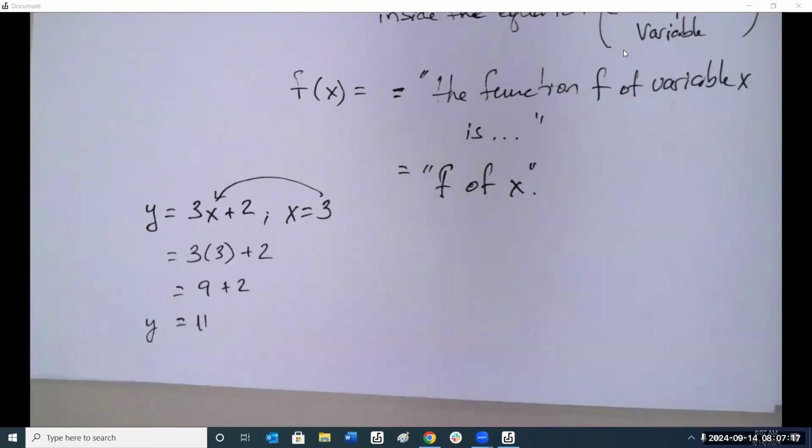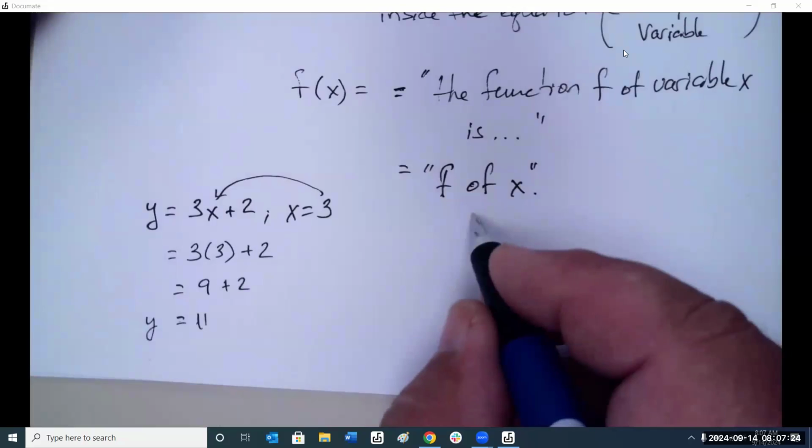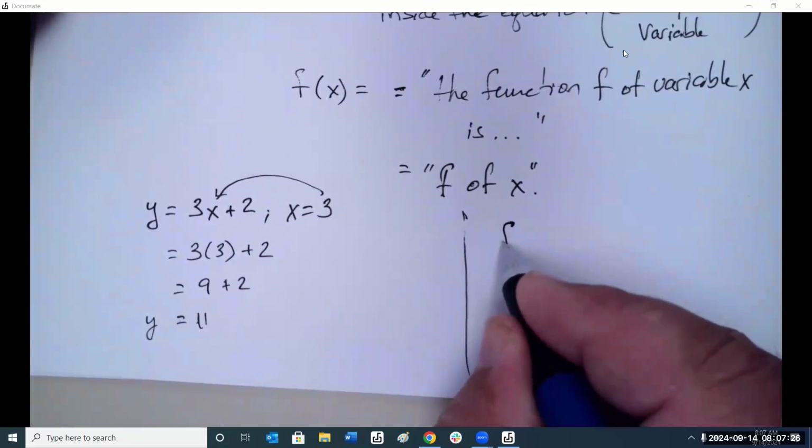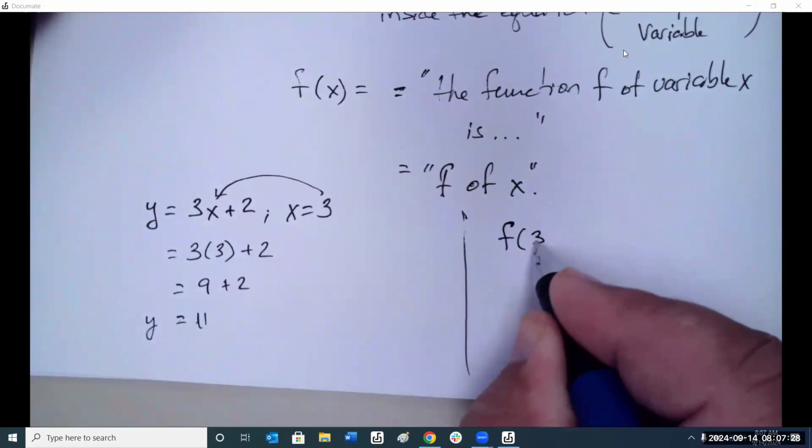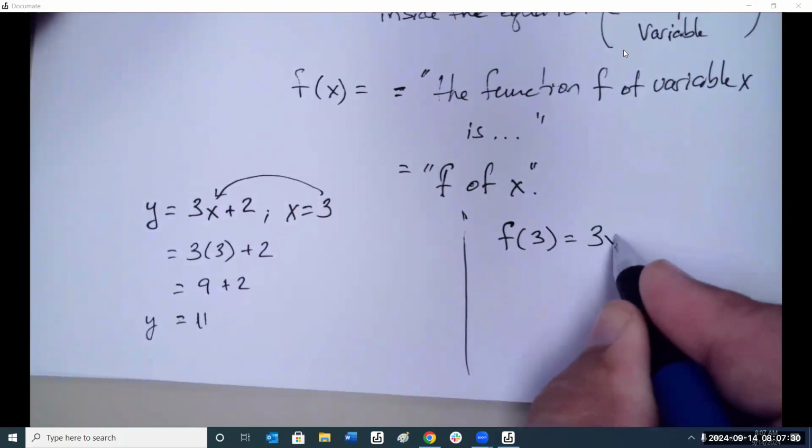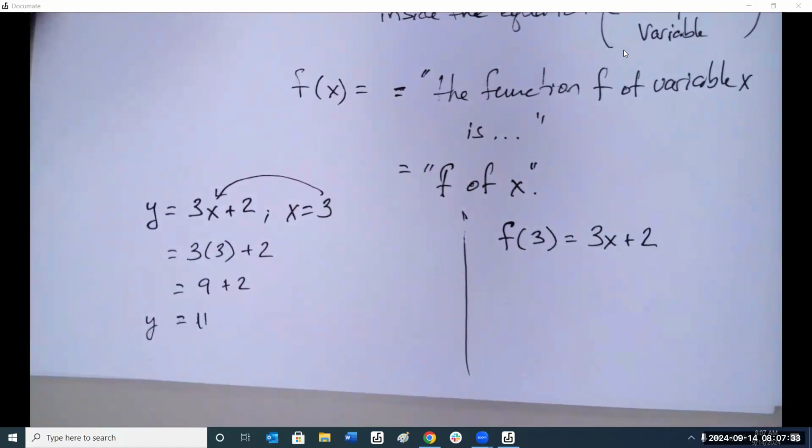Y equals 11. As opposed to, if I use the function notation, everything is right there in one swoop.